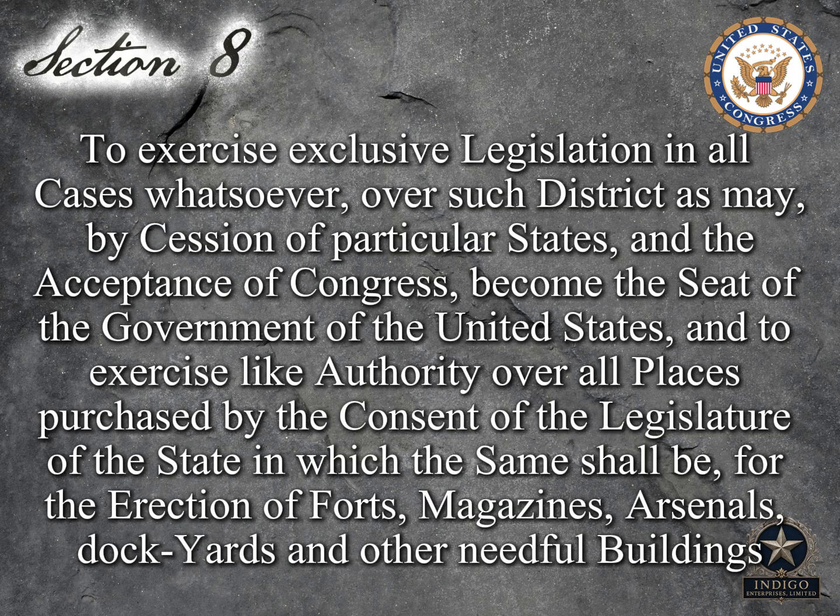To exercise exclusive legislation in all cases whatsoever over such districts not exceeding 10 miles square as may, by cession of particular states and the acceptance of Congress, become the seat of the government of the United States, and to exercise like authority over all places purchased by the consent of the legislature of the state in which the same shall be, for the erection of forts, magazines, arsenals, dockyards, and other needful buildings.